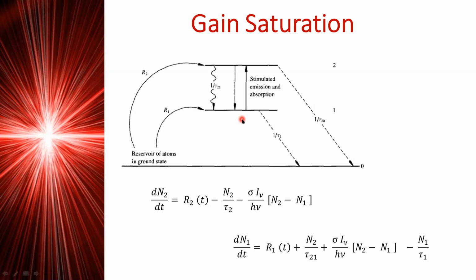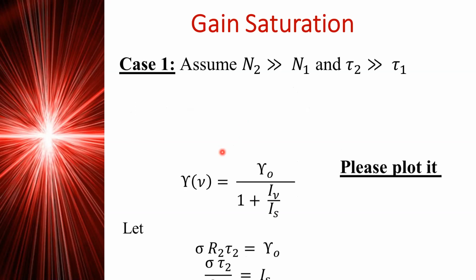In the other cases, I will just show the mathematics. You are not asked to do the mathematics by hand, but you should understand the results and why we reach these results. So let's start again. We are now trying to solve these two differential equations. So let's start with case number 1, which is the easiest case.